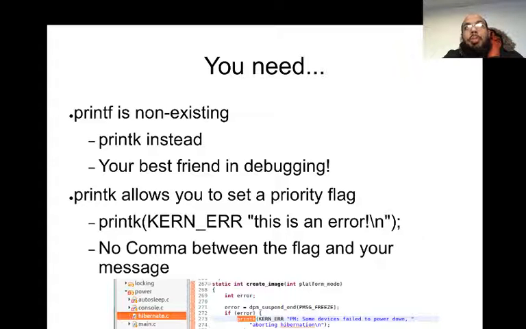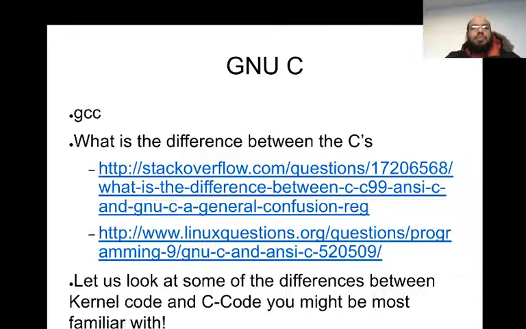It's very hard to keep up updating your kernel versions for development purposes because they have a version every few months, and it's just very hard. So GNU-C uses GCC. What is the difference between the C's, between C99, ANSI-C, and GNU-C?